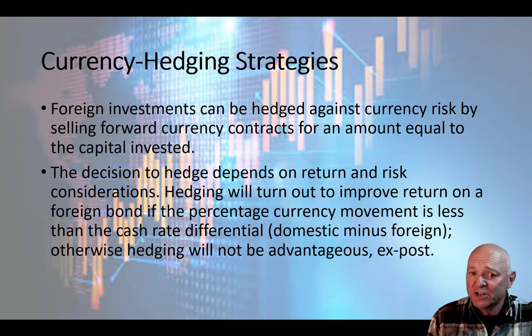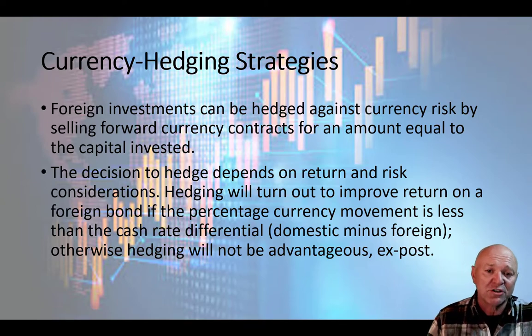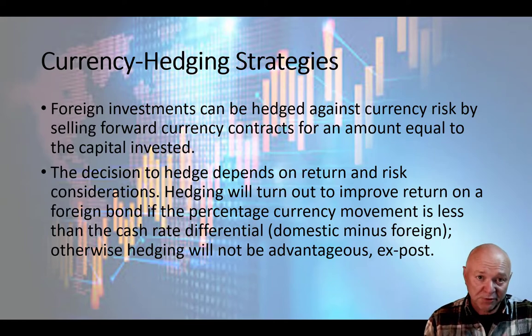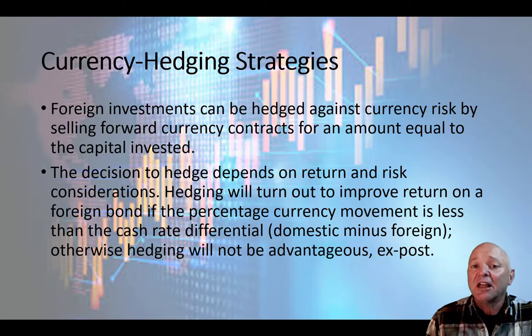When we talk about currency hedging strategies, essentially we're keeping in mind that foreign investments can be hedged against currency risk by using forward contracts. We can sell forward currency contracts in the opposite currency in an equal amount, or at least a partial amount, to the principal value that's at risk in the bonds, hedging or insulating the company against the risk that is inherent in that particular instrument.